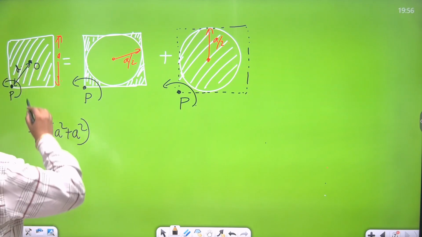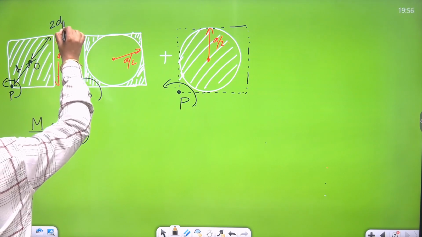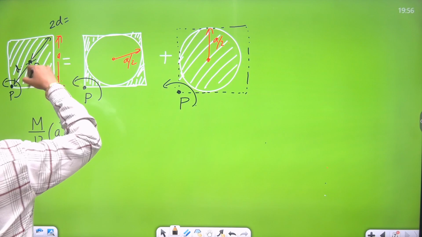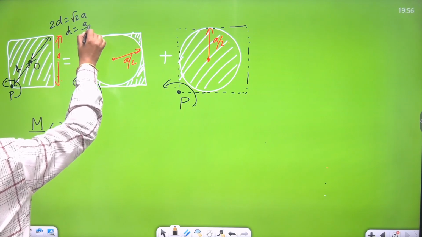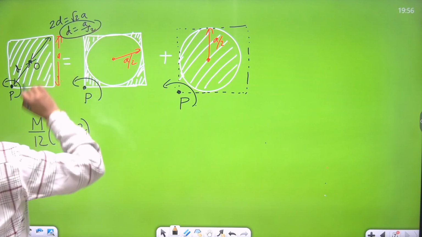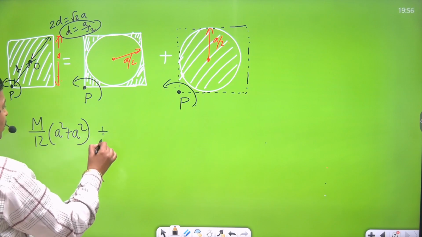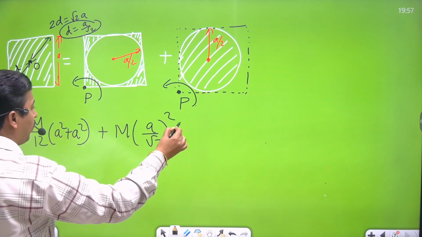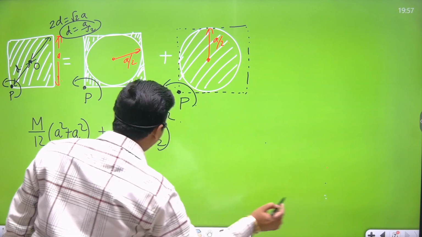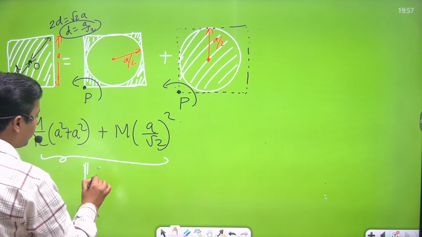What would be the value of d? 2d square will be equal to a square plus a square, so d will be a by root 2. Plus m into a by root 2 whole square. I have applied the parallel axis theorem here.